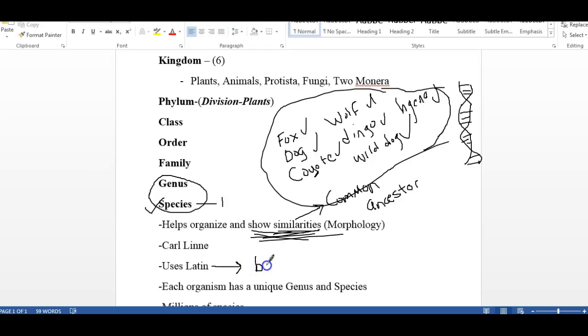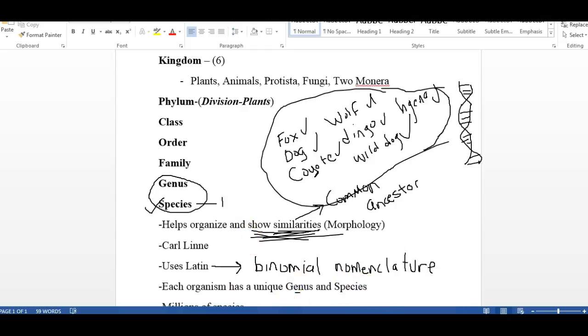He would use Latin. Write this down. It's hard to do. Still learning how to do it. So in the end, what this means is that each organism has a unique genus and species name. Now they might have the same genus, but their species is different.